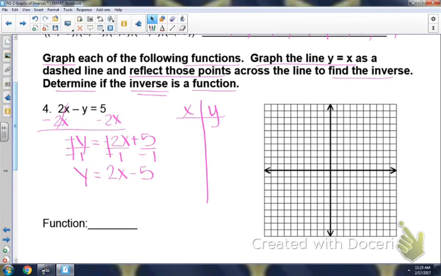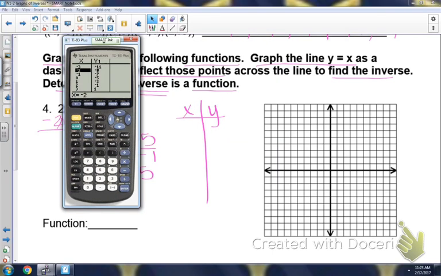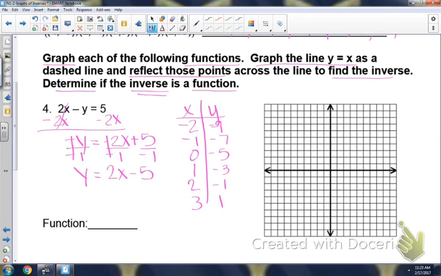So if we plug it in, we'll go from negative 2 to 3. We should have a straight line when we graph it because it's linear.